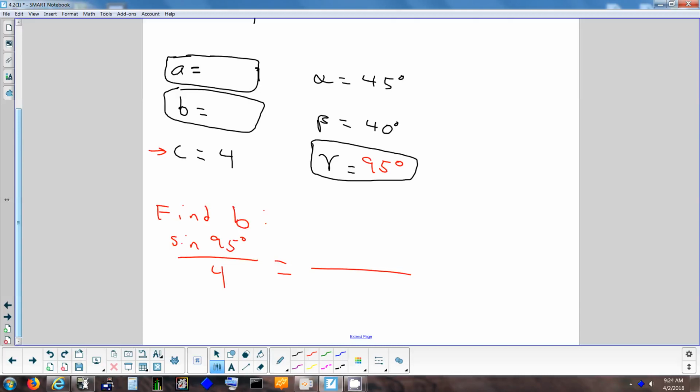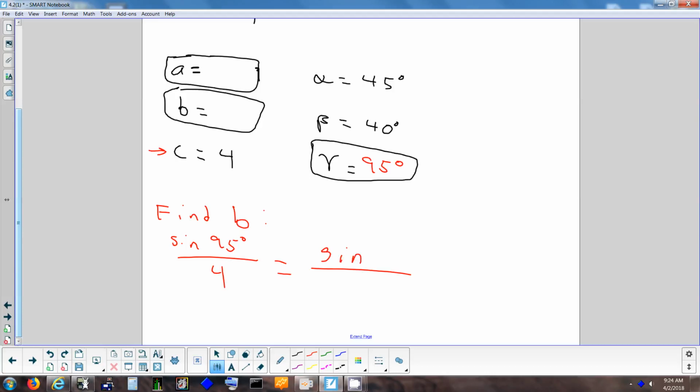So, Marisha, what would go on the other side? We're going to find B. Well, what do I have to put in the top part? Forget about the bottom for now. The trig function always goes in the top. Whenever we're dealing with the formula, sine is always in the top.